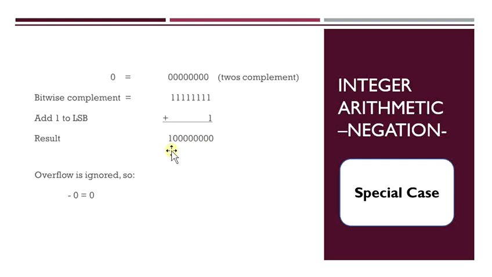So we need to ignore the MSB part, because this is considered an overflow. So for the special case of negating 0, it cannot become negative because the overflow is not counted. The result remains 0. When we do the negation, the result is still 0.